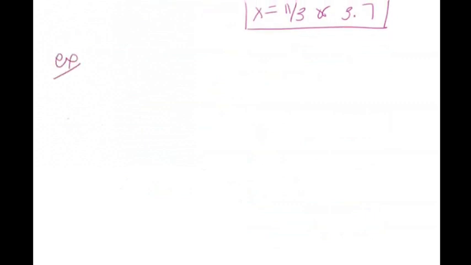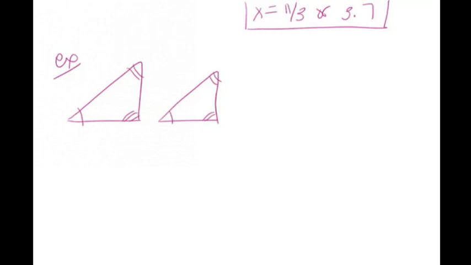Let's say we had a triangle, again something similar to what we had before. And this time, this angle goes with this one, this angle goes with this angle, and 3 also goes down here. And I knew that this was 12, and this was x. This was 8, and this was 6.